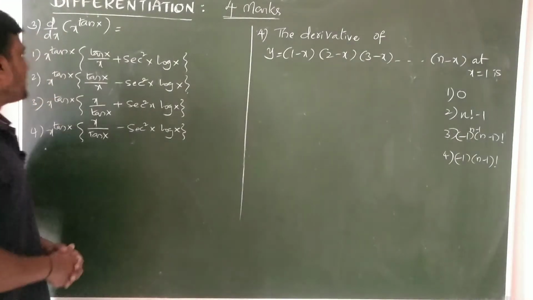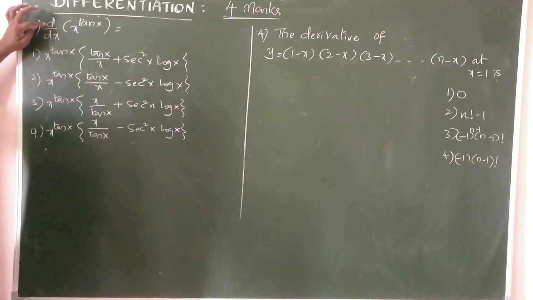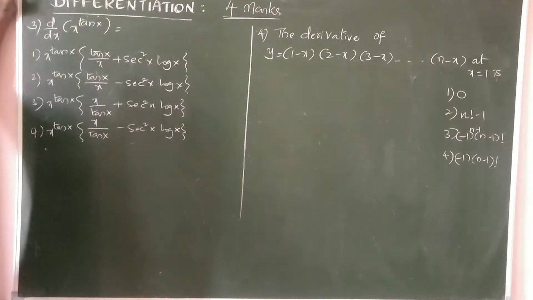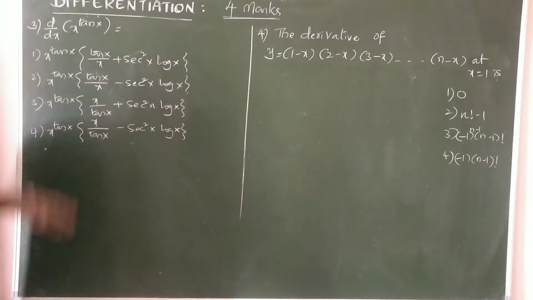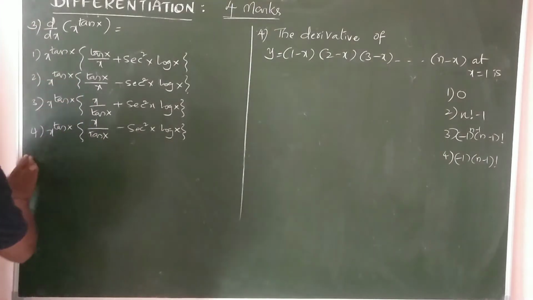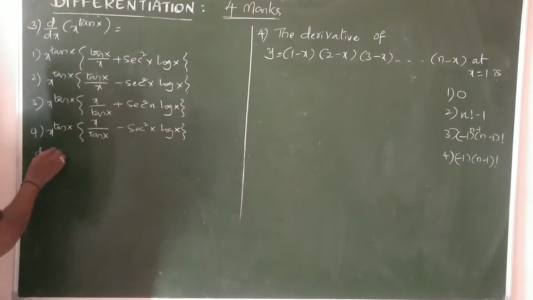Okay, let us do more problems. Here dy by dx of x to the power tan x equals, now given the options, it is like d by dx of f of x whole power g of x.